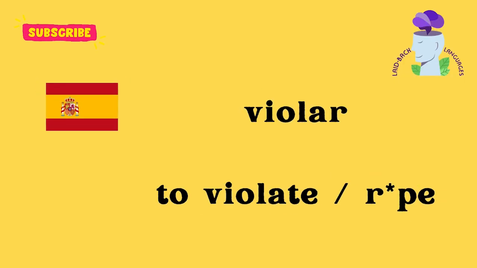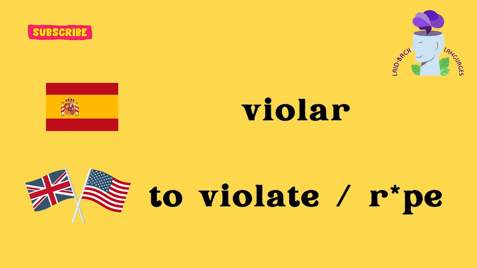And the word they came up with is violar, which completely makes sense. If you're molesting somebody, you're definitely violating them. I think that's an interesting translation, and it's a good translation.